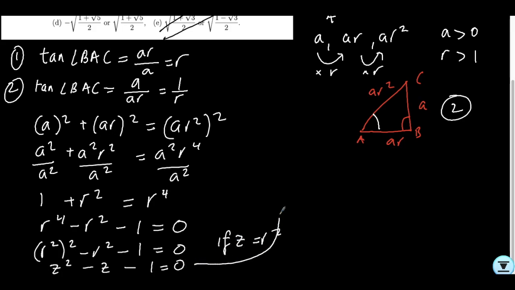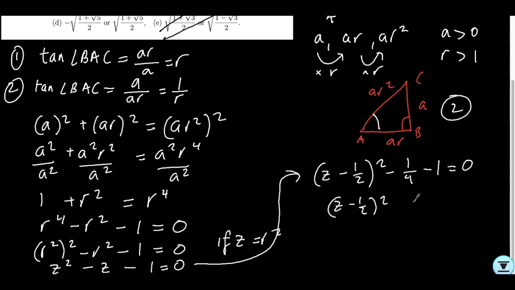So I'm going to bring it over to this side. And let's solve that. I'm going to use completing the square. That's going to give me z minus a half all squared minus a quarter minus 1 equals 0, which gives me z minus a half squared equals 5 over 4.